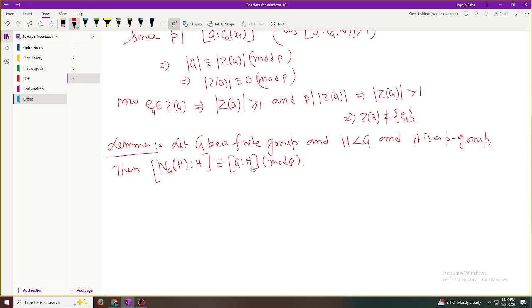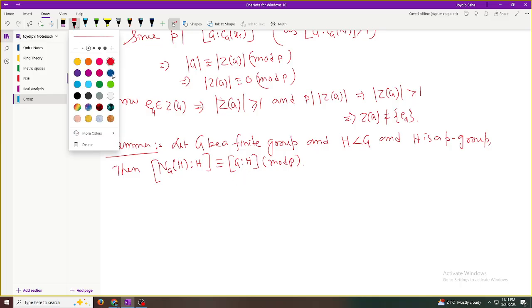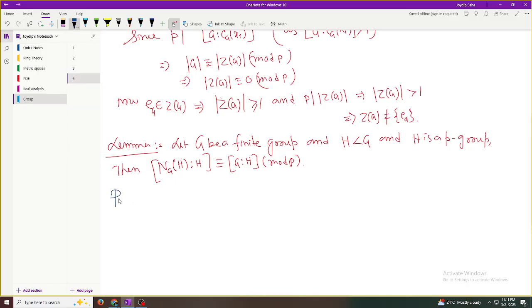Since here is G colon H, I have to act H on the set of all left cosets, right? And use the key lemma.